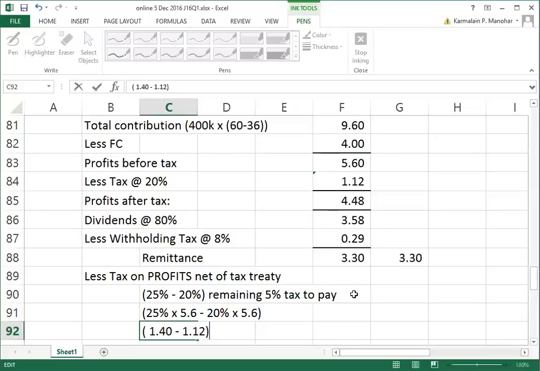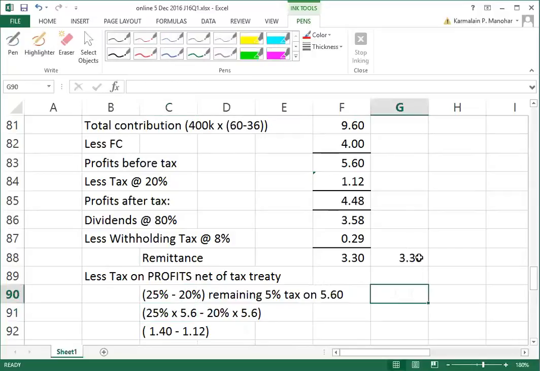Right? So either we could do that long working, or we could just find the 5% tax on 5.6. Right? So either which way, we will get our 0.28.